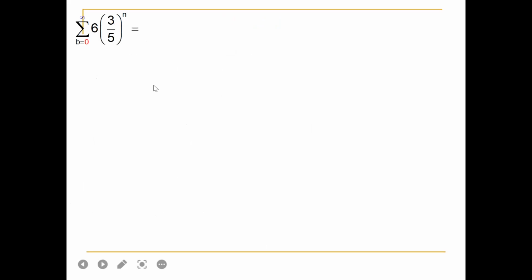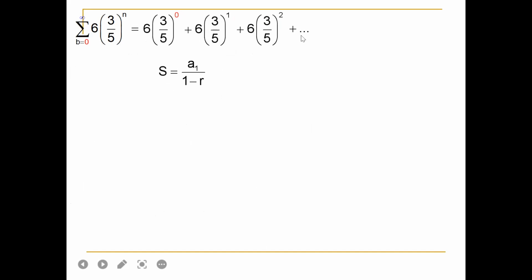Okay, like this one, the summation of 6 multiplied by 3/5 raised to n from 0 to infinity. So it's an infinite sequence. You start with 0 as the value of n, up to infinity. So this is an infinite geometric series.